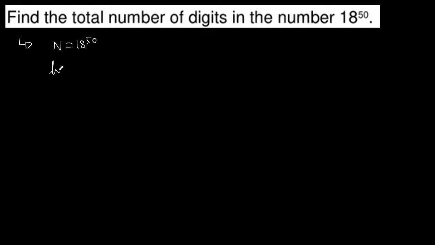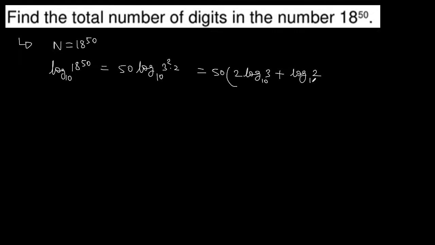We'll take log base 10 on both sides. We'll get 50 log of 3 square into 2, which is 50 times log 3 base 10 plus log 2 base 10.